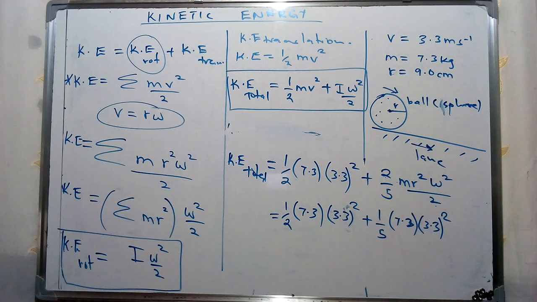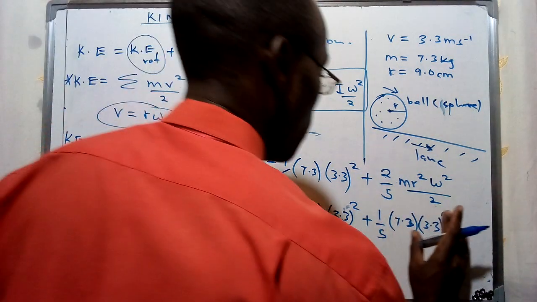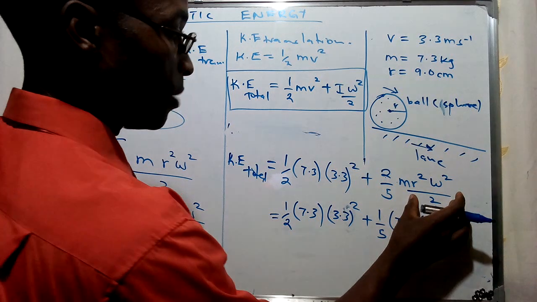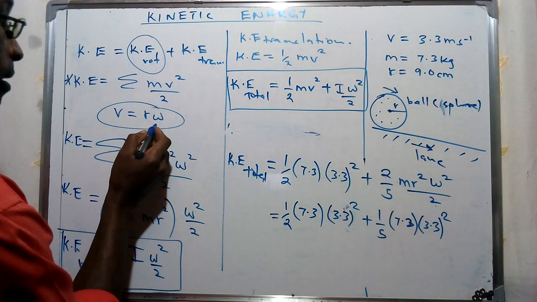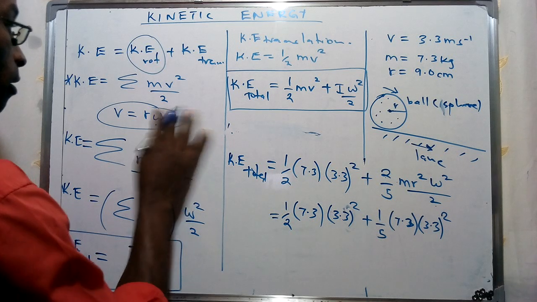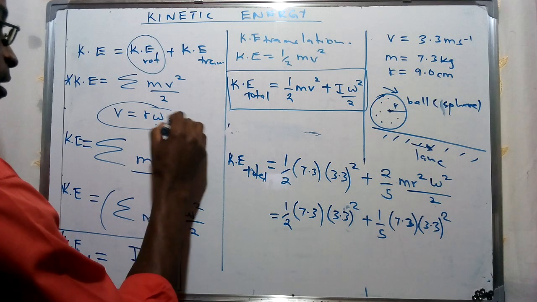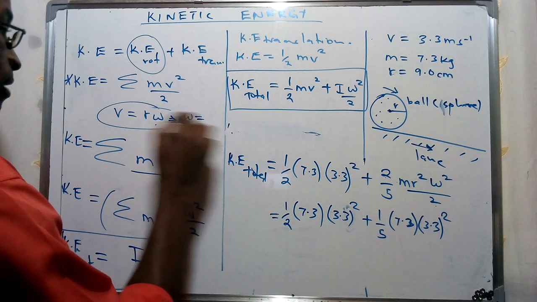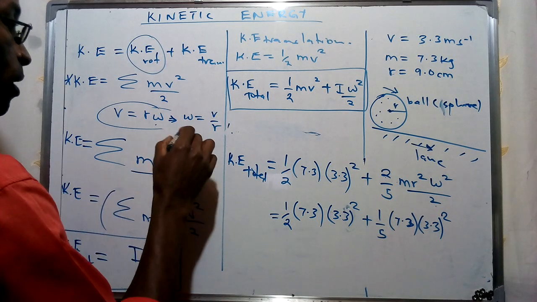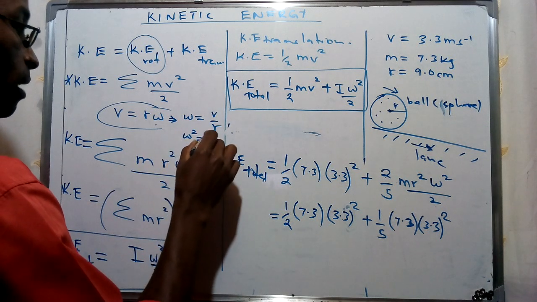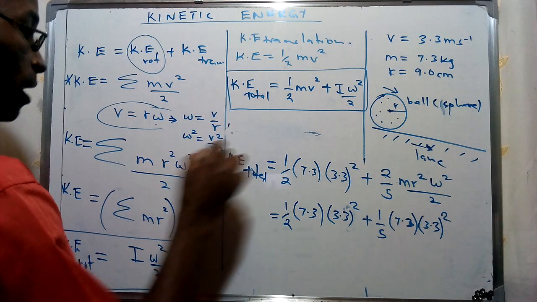So perhaps I'm going to maintain this one in order to avoid confusion. So in this specific case, we're going to see that we are given velocity in terms of r omega. So this implies that we can give omega in terms of v over r, and therefore the square of omega can be given in terms of v squared over r squared, given as that.